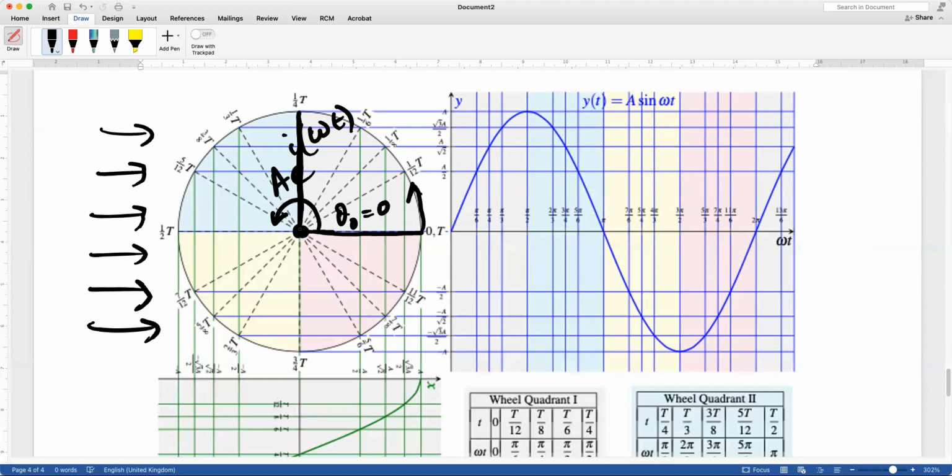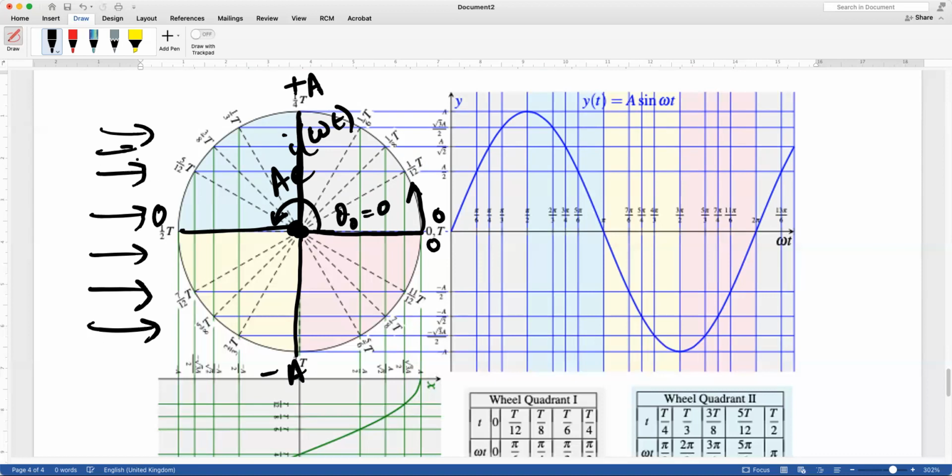You get that? Yes, uncle. And when it comes to pi, you see again a dot. And when it's 3 pi by 2, you will see the negative. So it will become 0, plus A, 0 again, minus A, and 0 again. Do you get that? Yes, uncle.